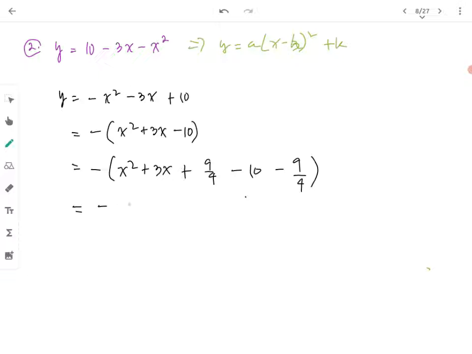So we have, factoring this, x plus 3 over 2 square minus 49 over 4.